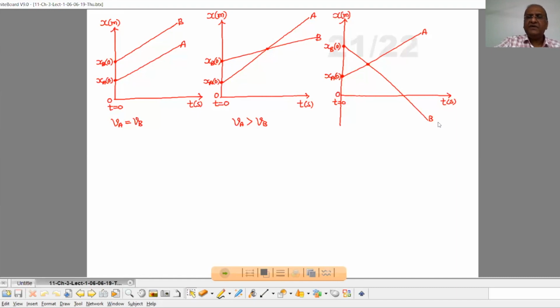Here we can understand that A and B are moving in mutually opposite directions. A is moving in the positive direction, B is moving in the negative direction, and the point of intersection of the graphs represents that at this particular instant, these two objects cross each other. Clear to all of you?